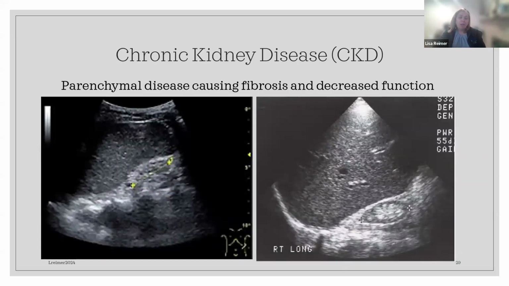And then as we move to chronic kidney disease, we'll talk about the impact with perfusion. But here are two examples of very tiny kidneys, so tiny, the one on the left, you'll have to take their word for it that that's even a kidney. So the definition of chronic kidney disease, CKD for short, is parenchymal disease causing fibrosis and decreased function.